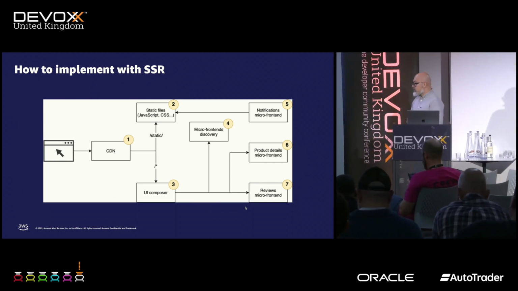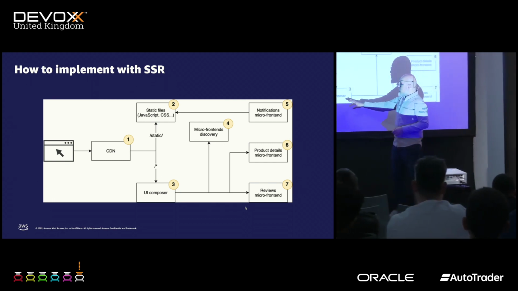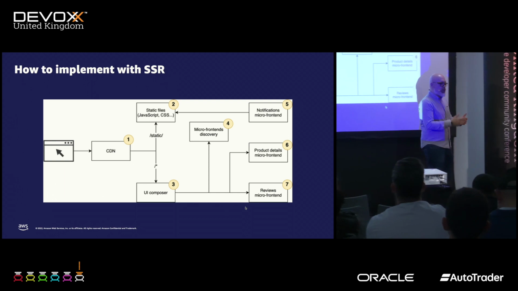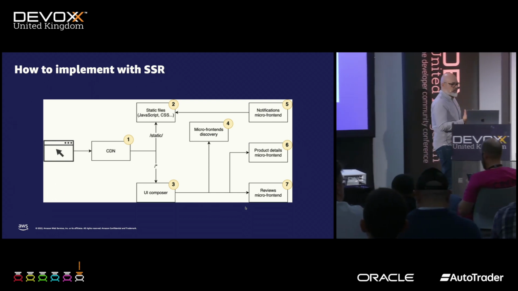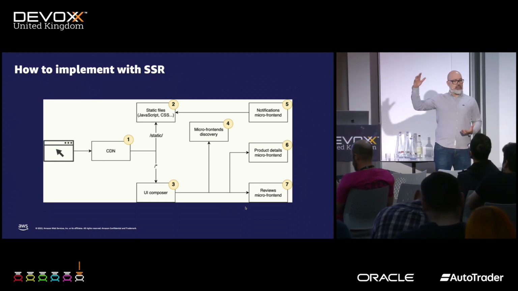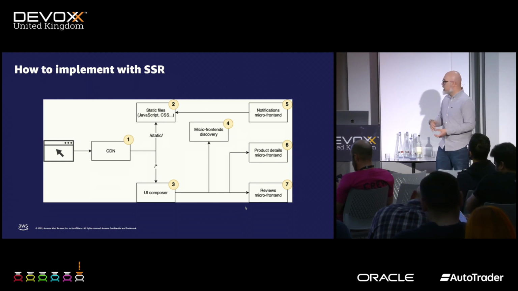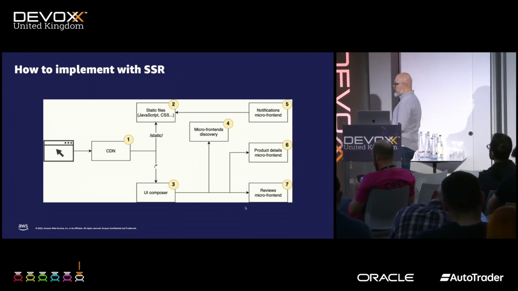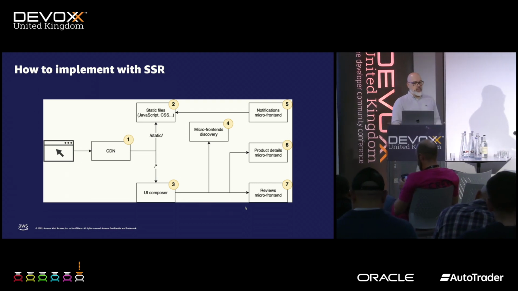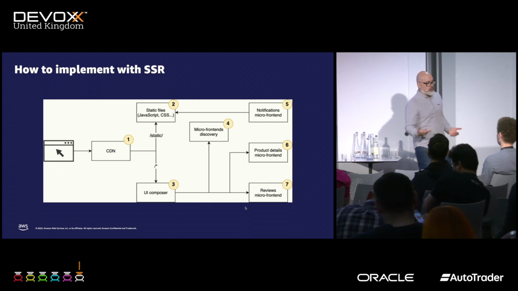From that point, what you have is what is called the UI composer or application shell. The UI composer name makes more sense to me because in reality you are going to have Microfrontends represented by containers, by Lambda functions, wherever it is. That depends on which approach you are taking. In this example, I was using HTML fragments. Why? Because HTML fragments are independent from the framework.